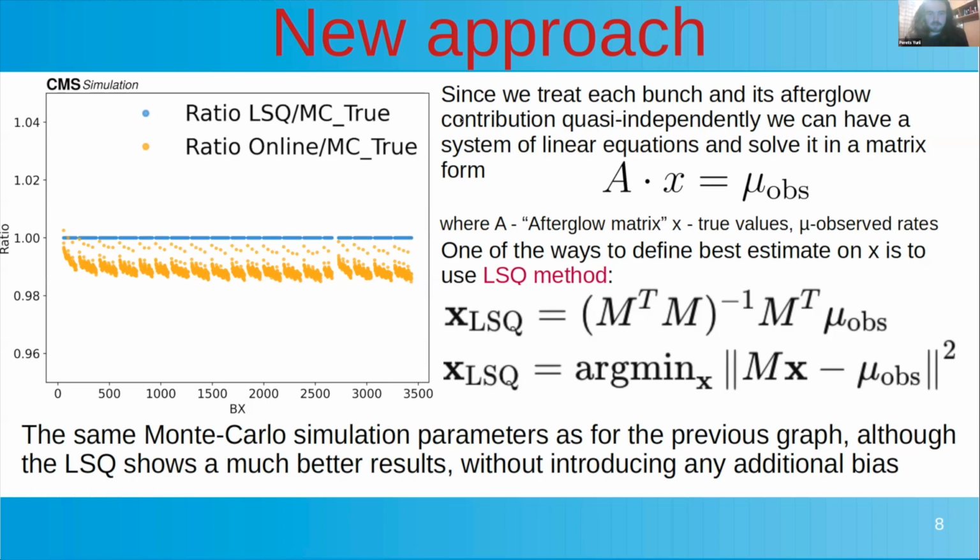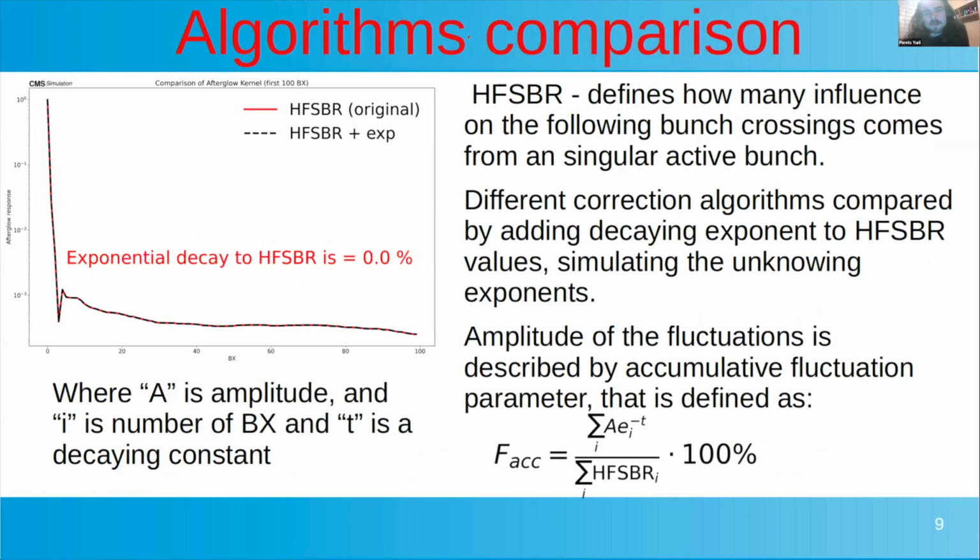In the real world experiment, we have the parameter HFSBR, the Hadron Forward Single Bunch Response. This parameter defines how much influence on the following bunch crossings comes from a single active bunch.